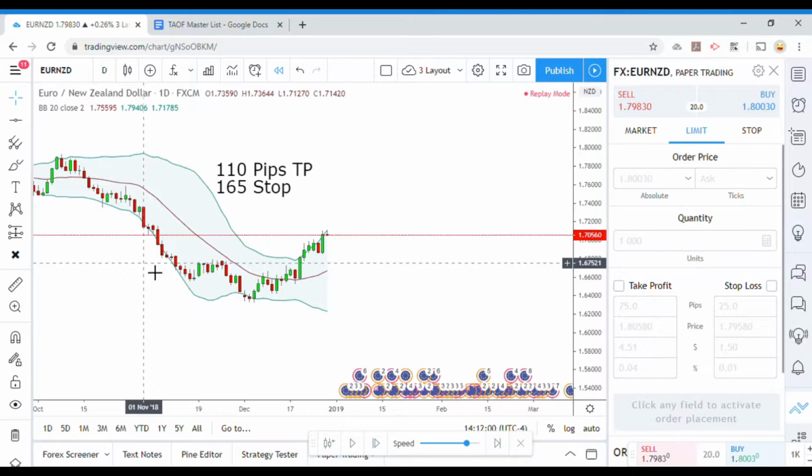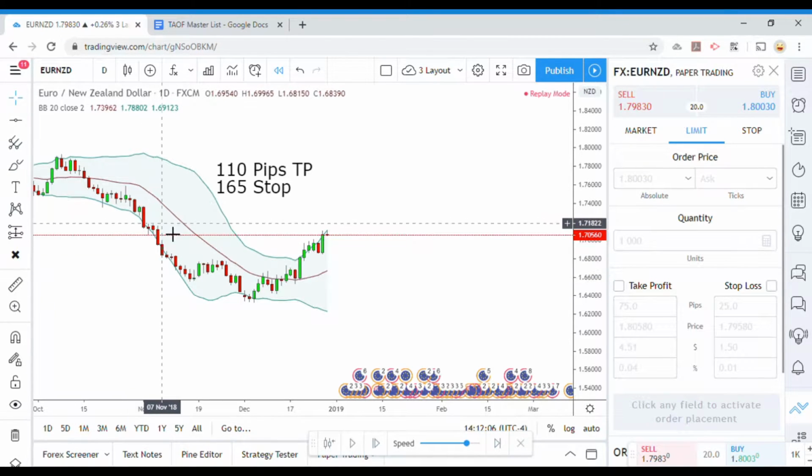Let's try to give it the best opportunity that we can. So let's do the first candle that breaks. We wait for it to stop us out if it goes against us. Once it goes against us, the candle that it stops us out on, the next candle we will pick up on.